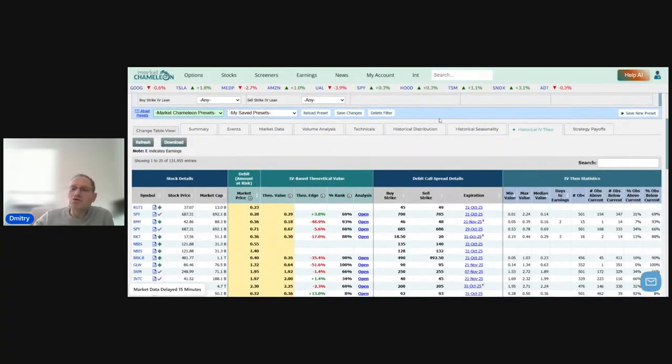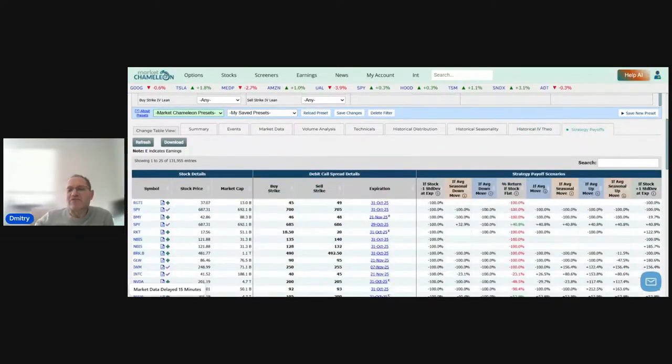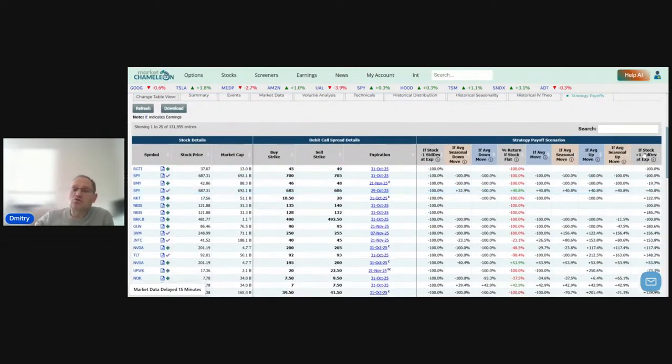If we wanted to look at a strategy payoff, potential payoff, we could come over here. Here we have potential payoffs for different types of scenarios. If we're looking for something where the stock is up 1 standard deviation at expiration, we could quickly scan to see, here's a 185% return, here's a 180% return, 156% return on the amount at risk.